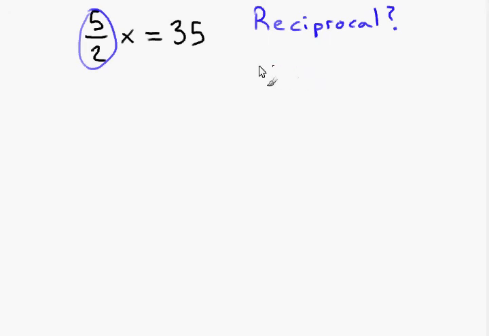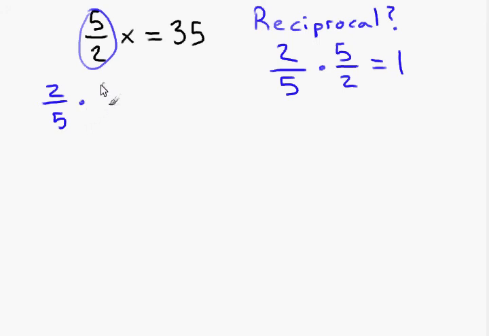It's denominator as numerator, numerator as denominator, 2/5. Now if I take 2/5, I multiply it by 5/2, I get 1. So I'm going to take 2/5, multiply both sides of the equation by it. Then we'll fill in the rest of the equation around it.